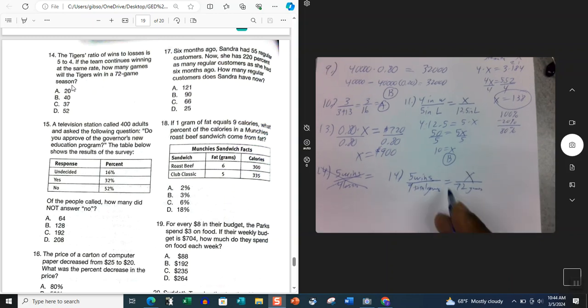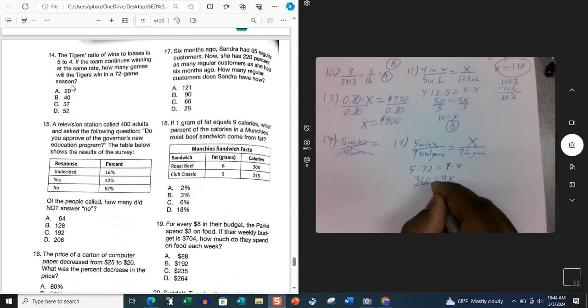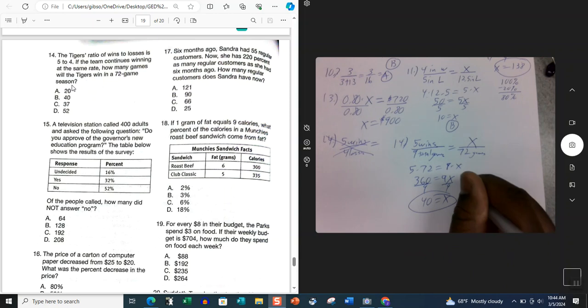So now we could do cross multiplication. 5 times 72 equals 9 times x. 5 times 72 is 360, is equal to 9x. We could divide each side by 9, and this will give us 40 is equal to x. So the answer would be 40, which is B.